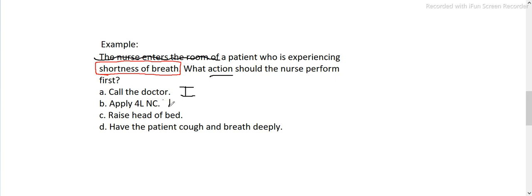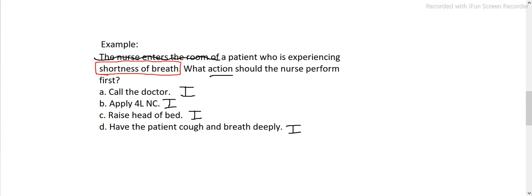That's implementation. Raise the head of the bed. That's also implementation, because you're doing something. You're not assessing. Have the patient cough and deep breathe. Again, that's implementation, because you're not assessing anything.